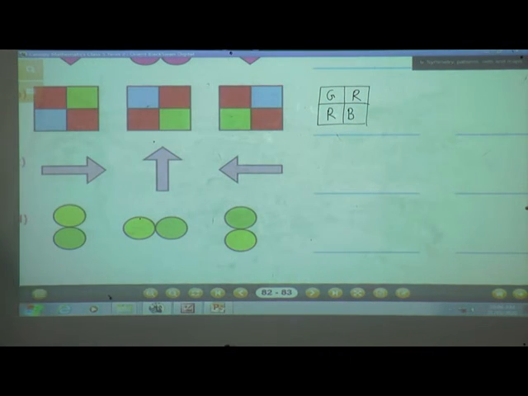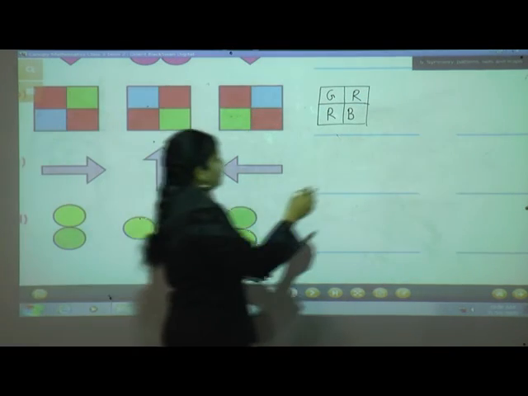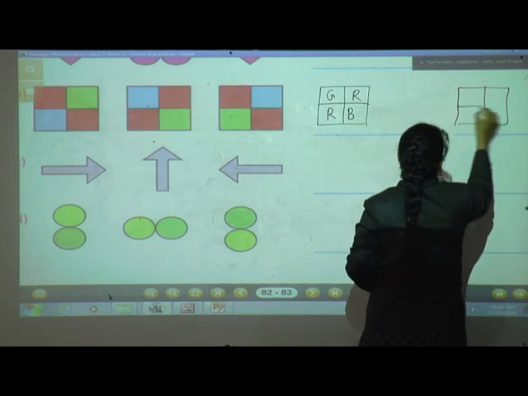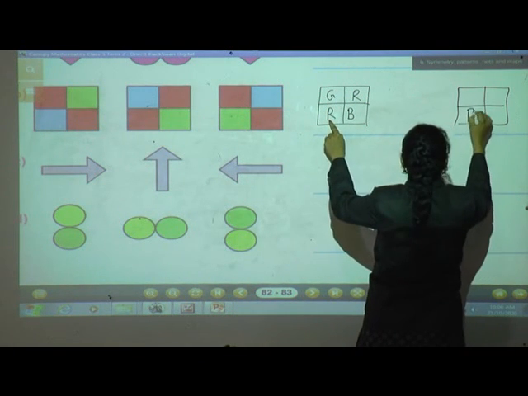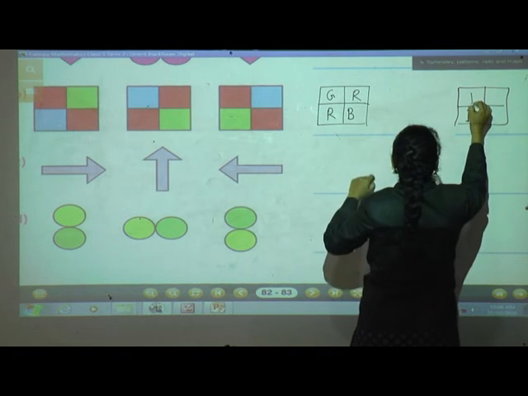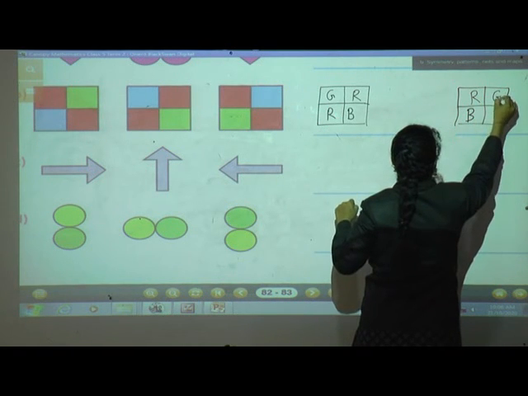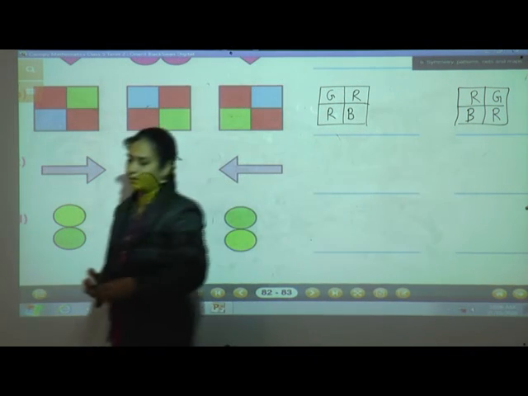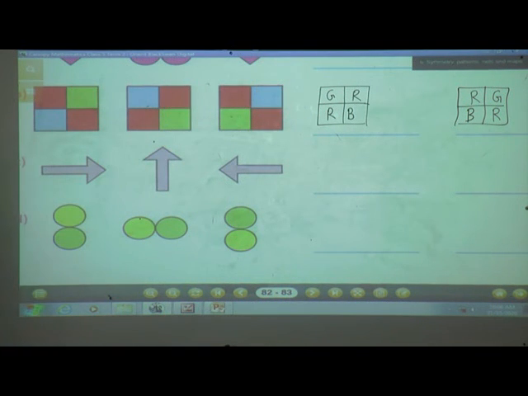Okay, is it correct? Okay, now next one, the blue color will come here. So the red color here, green color here, and the remaining here red color. Okay, understood all of you?